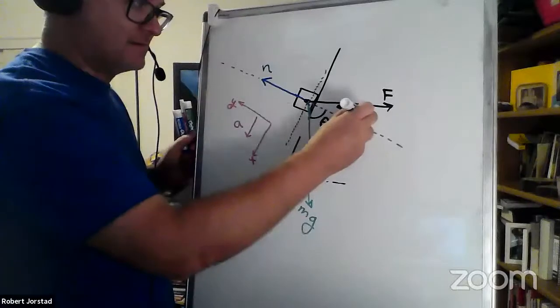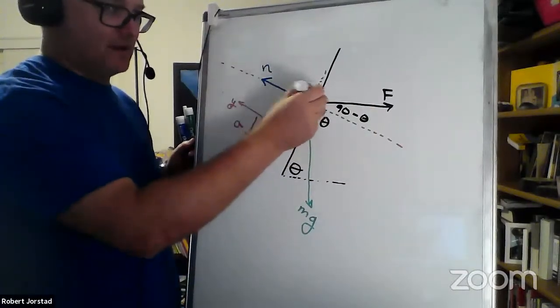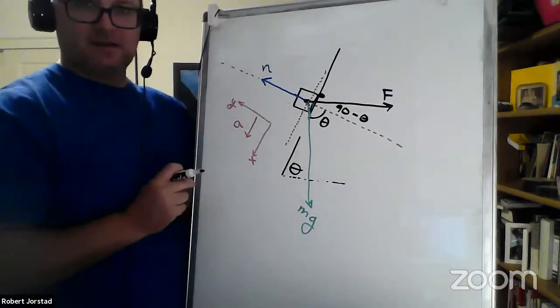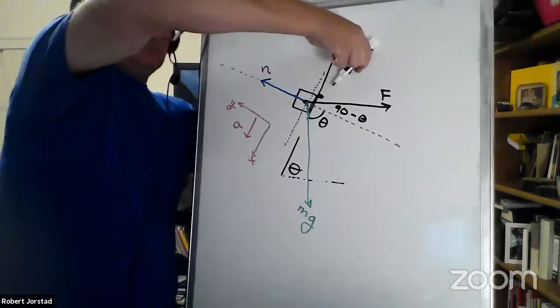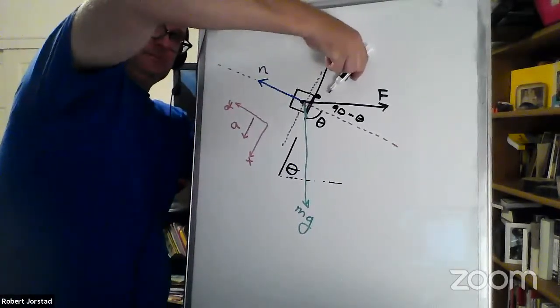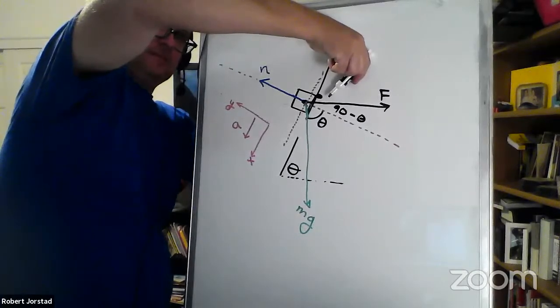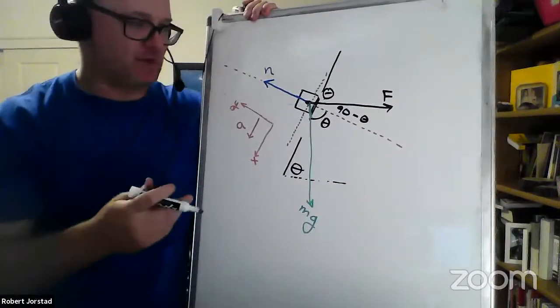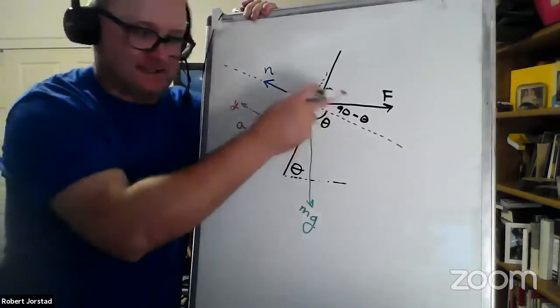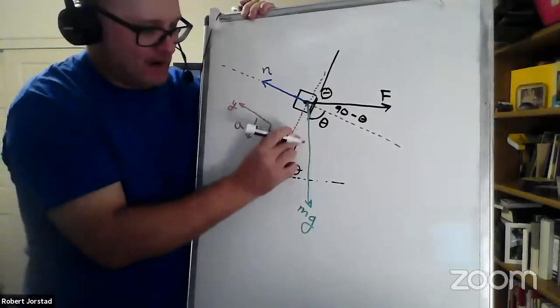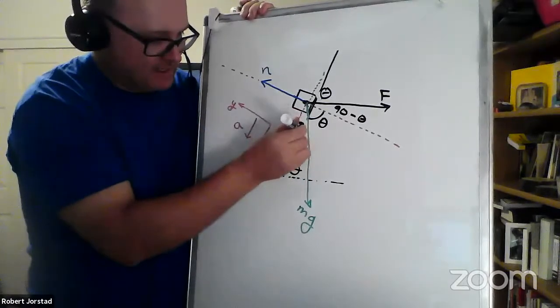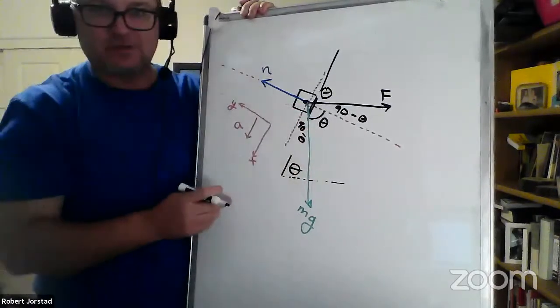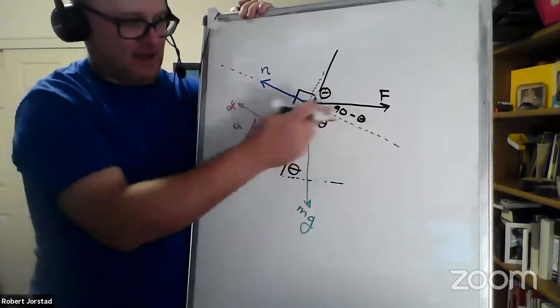Do you see that? What's this angle up here? Theta. Notice this pattern. This is a trick that works all the time with geometry, which is why I wanted to show you this problem. Basically, every other angle is theta. Every other angle is 90 minus theta.